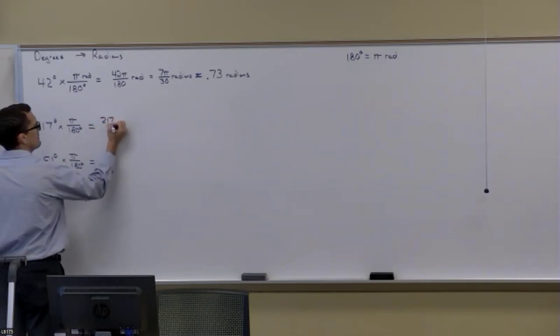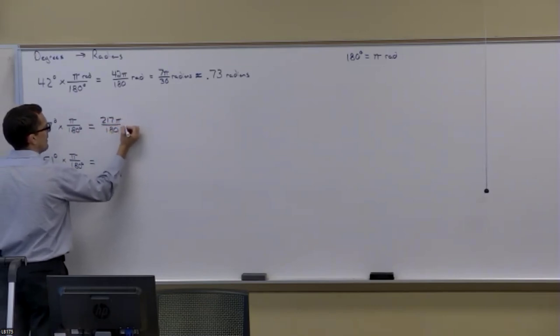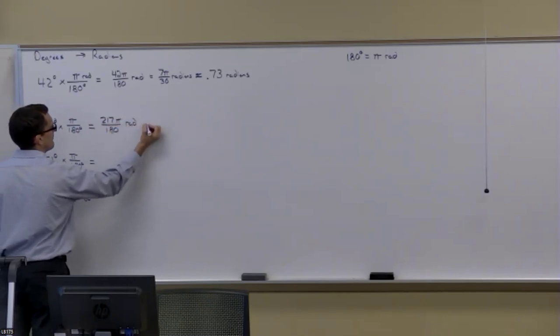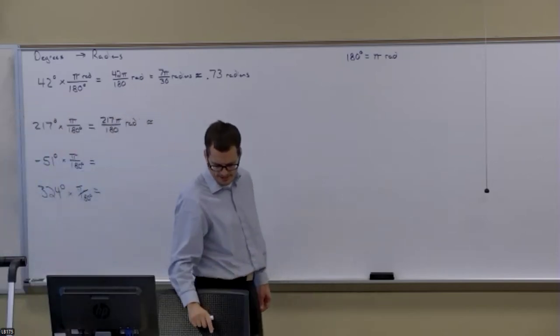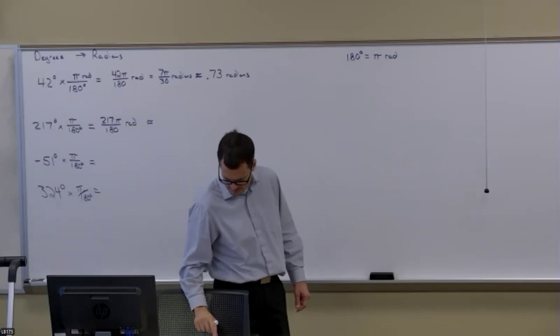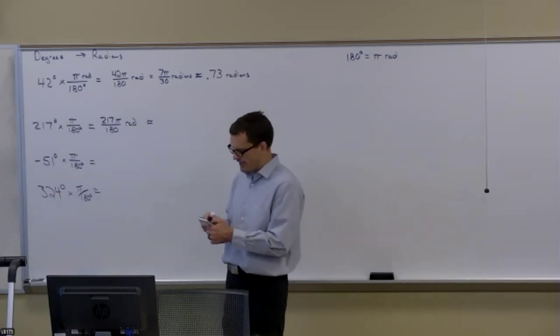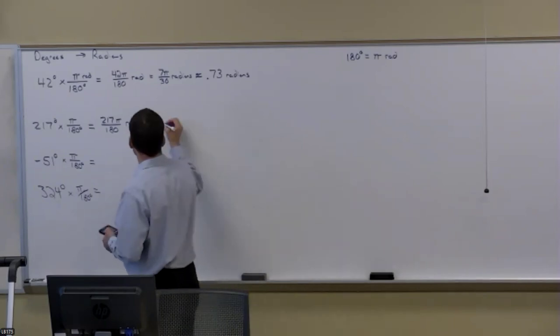So 217 pi over 180 radians is about 3.79 radians.